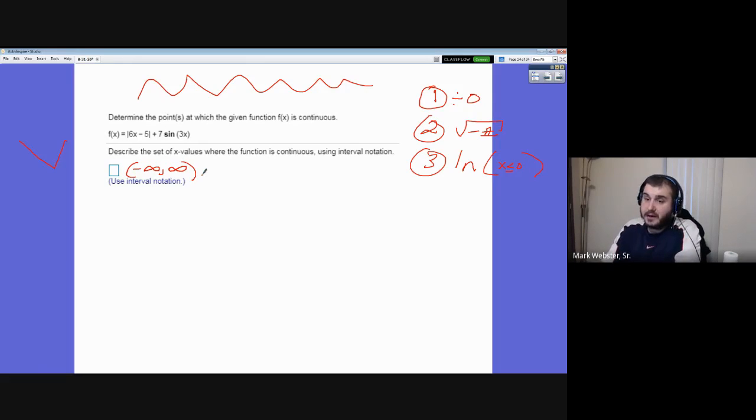So the thing about it is, a lot of these problems where they're asking you about where it is continuous, you're not going to sit there and solve for what is. Your goal is to look for what is not. And so basically the best thing that you could possibly do is look for situations like this.